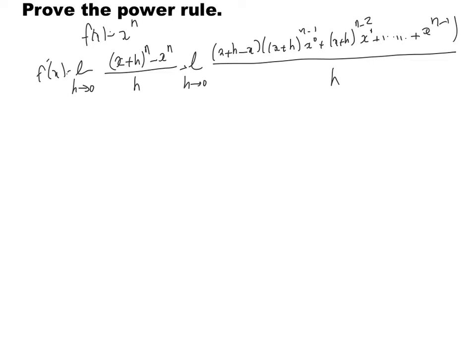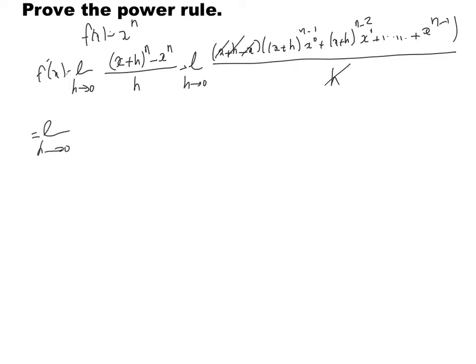Now here x plus h minus x, the x and minus x cancel each other, so we're going to end up with h, which is going to cancel with the h in the denominator.